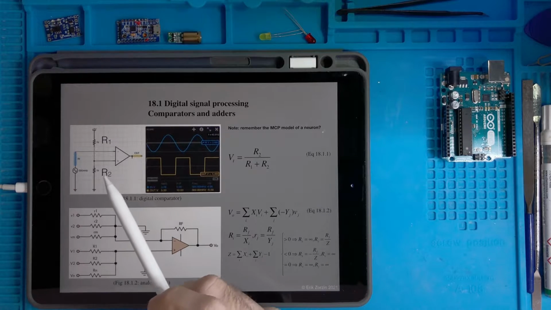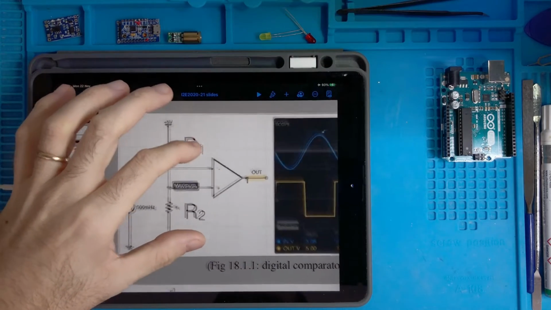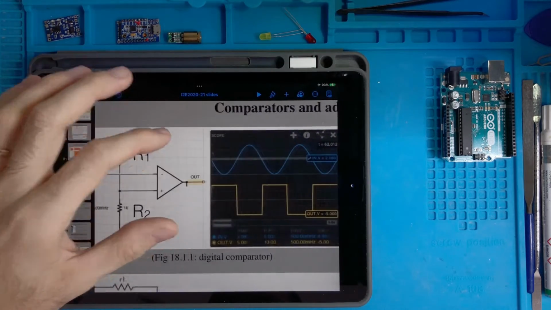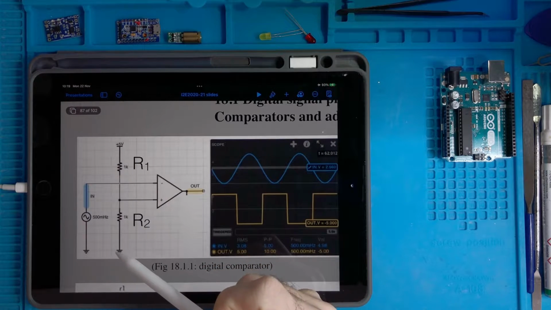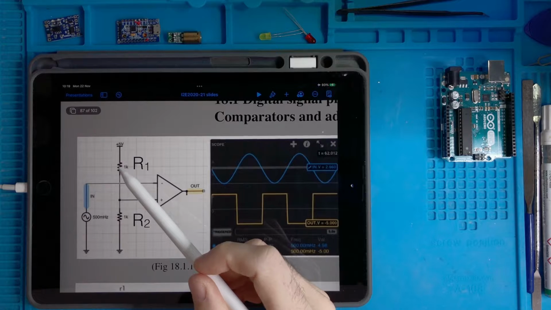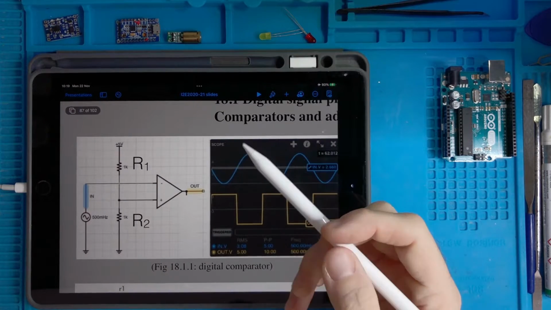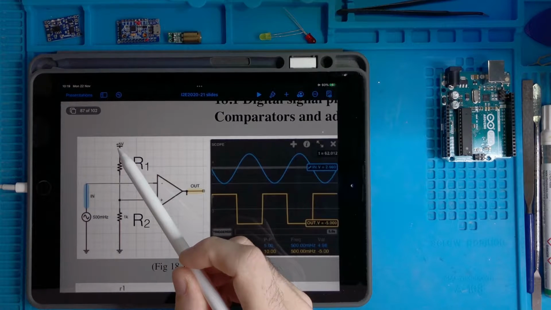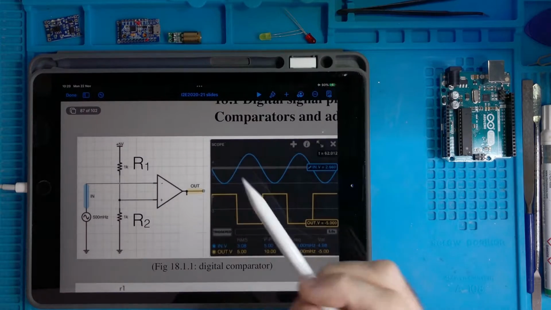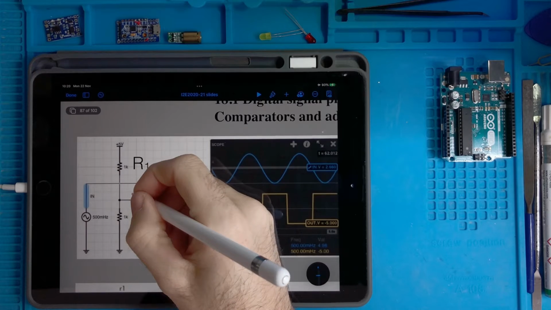Here we have something that we might recognize. We have this circuit, with two resistors connected this way, and they build a so-called voltage divider. They are powered up by plus 5 volts, here is ground, and so we can easily write the voltage here.